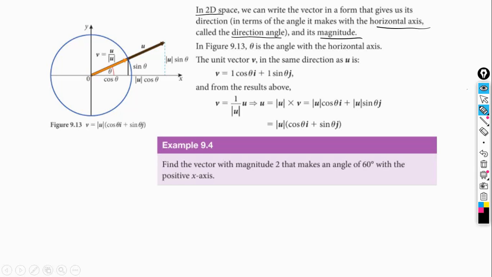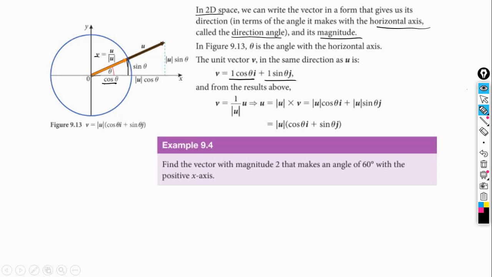Notice that the unit vector v would be u divided by modulus u. v would equal the sum of this vector, which is equal to cosine theta times i, in this case because it's 1 unit, right? And plus the other vector, which would be sine of theta times j. So the sum of these vectors would give us vector v.